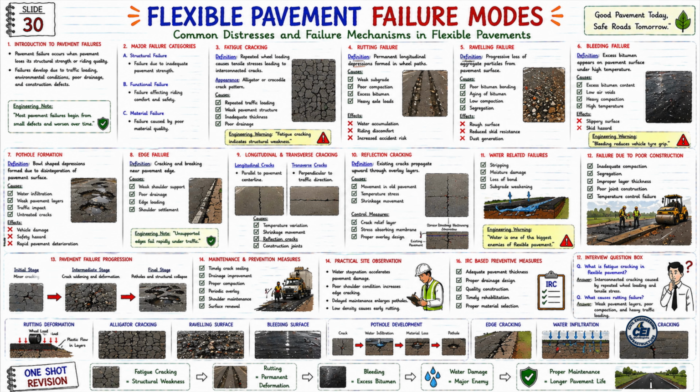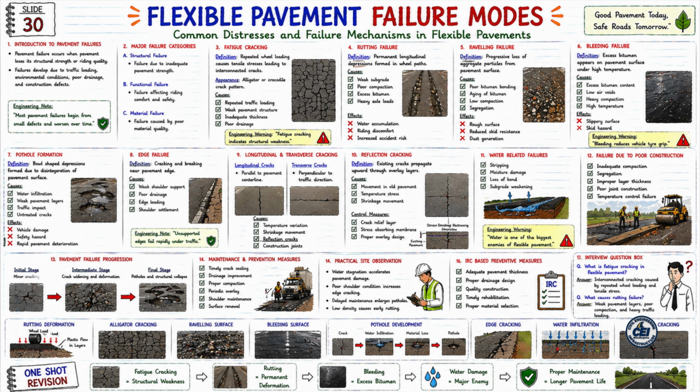1-7 Interview question box. Q. What is fatigue cracking in flexible pavement? Answer: Interconnected cracking caused by repeated wheel loading and tensile stress. Q. What causes rutting failure? Answer: Weak pavement layers, poor compaction, and heavy traffic loading.